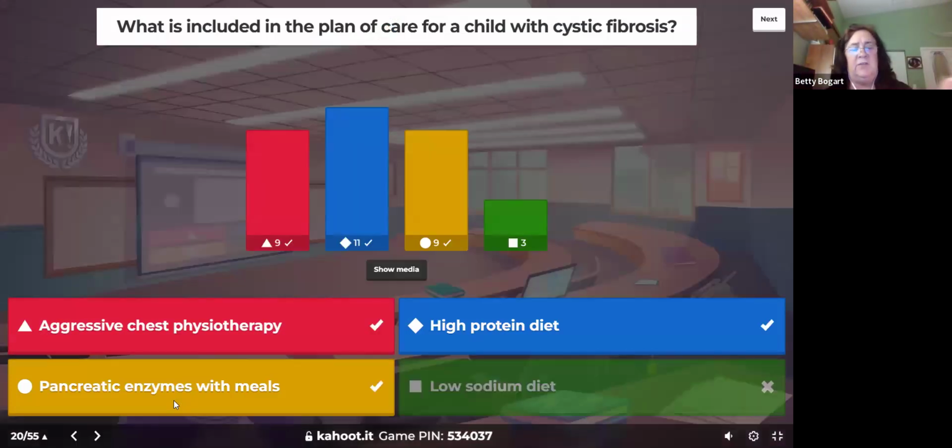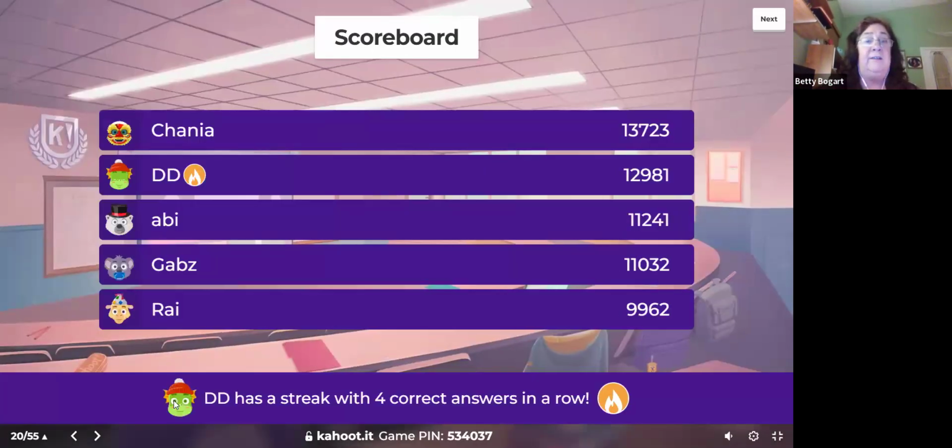So it's chest physiotherapy, it's pancreatic enzymes, and of course, they're not getting fat. So we need to increase calories, high protein, high carbs. And remember, they're sweating out sodium like crazy. So it's a high sodium diet. Give them a salt shaker, never low sodium, because they're losing it like crazy.